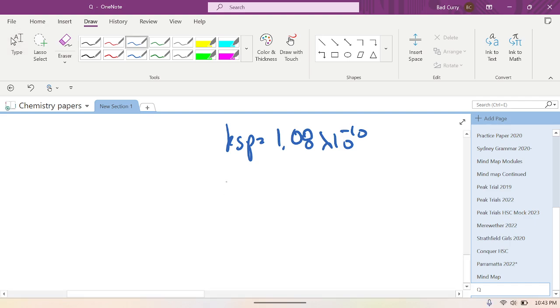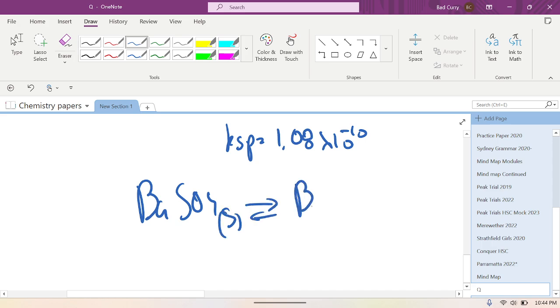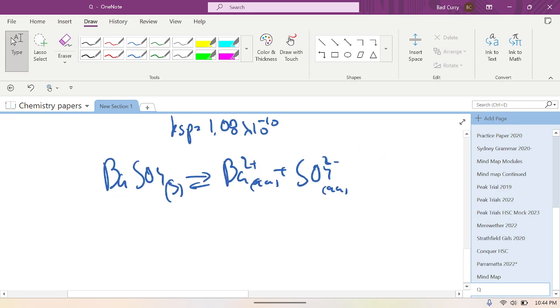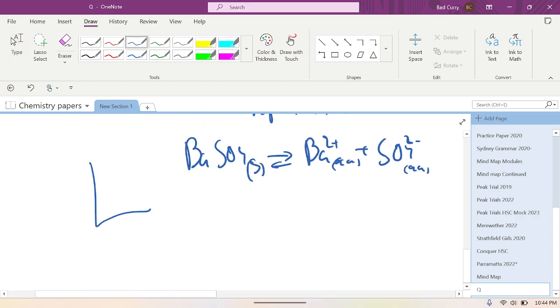So what you do is your Ksp is this, right? Now your barium sulfate solid exists in equilibrium with barium ions and sulfate ions. So in your solution, you'll have NaCl, Na and Cl in it, but you also have barium and sulfate ions, and you'll also have some solid precipitate.